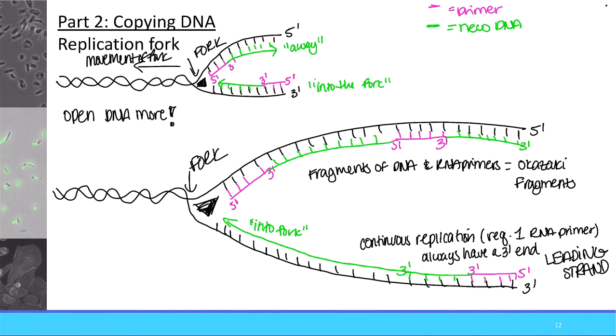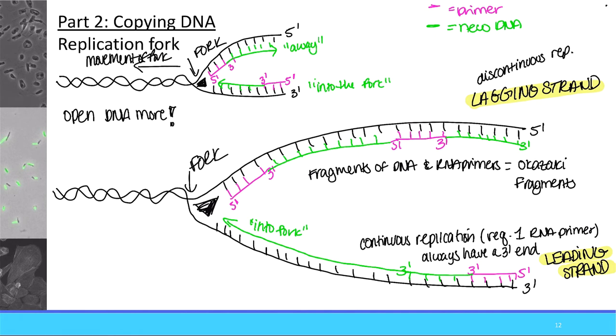You can imagine this takes a long time. This is called the lagging strand. And the reason it's called the lagging strand is because it lags behind that previous strand, or the leading strand, that is able to do continuous replication. So we say that we have discontinuous replication on the lagging strand.